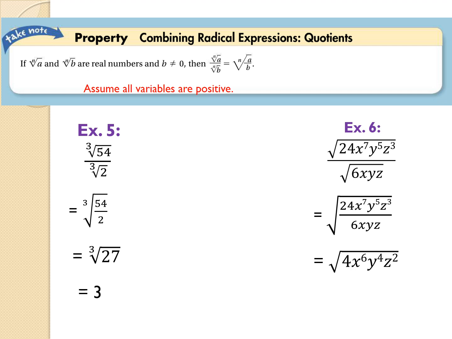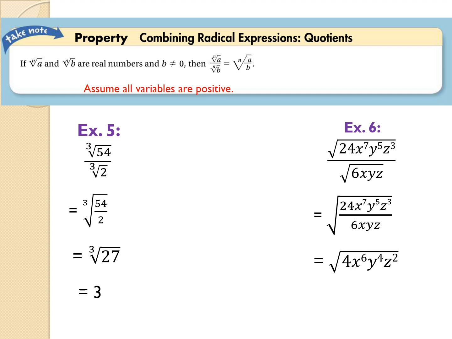So here's the deal. The square root of a number is pretty straightforward, okay? But when you take the square root of variables with exponents, you basically take that index number and divide the exponent by that index number. So the square root of 4 is 2.